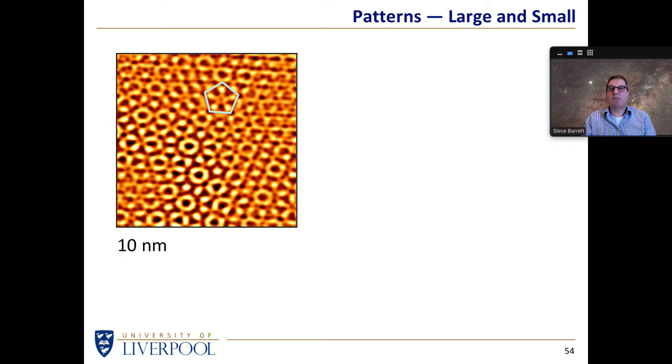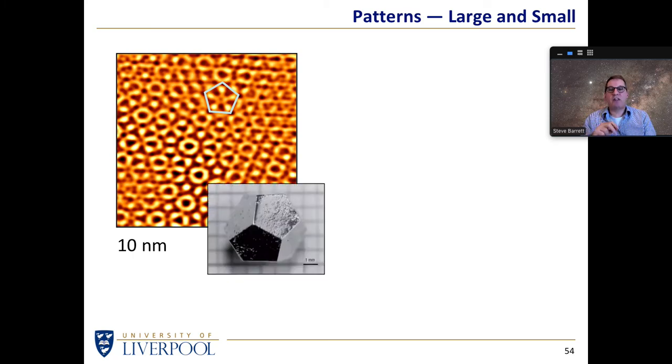Notice that some of these arrangements appear to be high dots, high atoms, arranged in pentagons. So if that's how atoms are arranged, that explains why the crystals of this material on a macroscopic scale of millimeters or centimeters appear to have this dodecagon type structure, because the individual atoms are arranged in pentagons when we look at them at the nanometer scale.